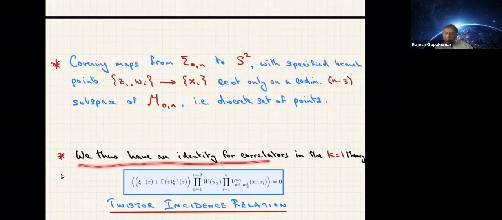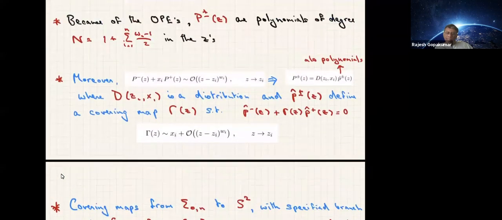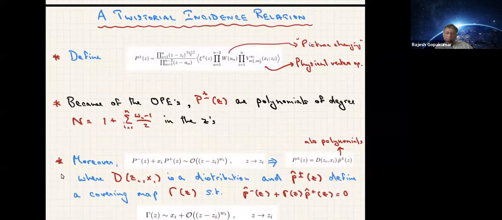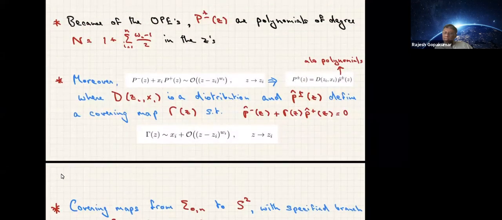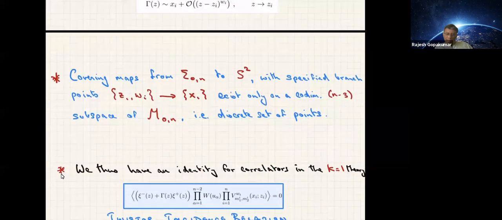Therefore what we have is an identity for these correlators, namely psi minus plus gamma of Z psi plus is 0, because P plus P minus is D times this. So if I put this into this expression, by the definition, this combination of psi minus and psi plus vanishes identically inside this correlator.